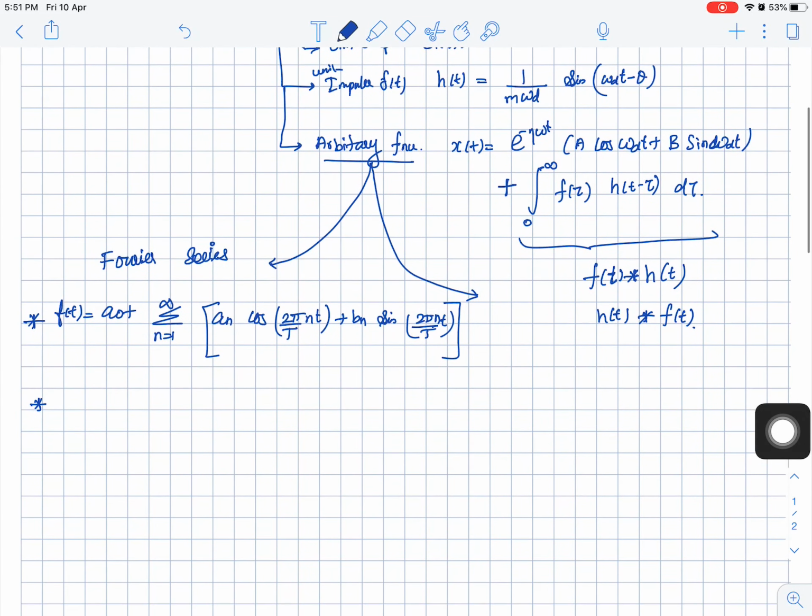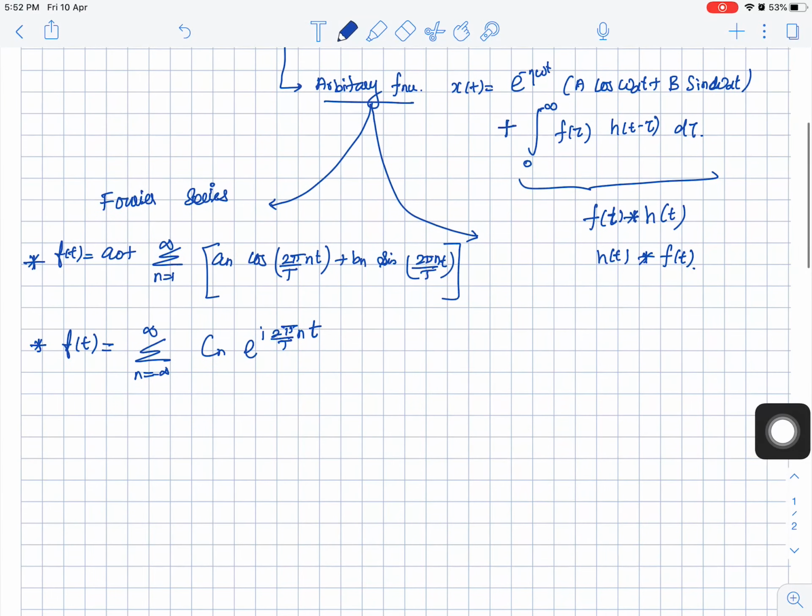So this f of t will be summation n is equal to minus infinity to plus infinity cn e power I n pi t by L. So here L will be time period t, and here it will be 2 pi, so same will be 2 pi by t into n times of t.